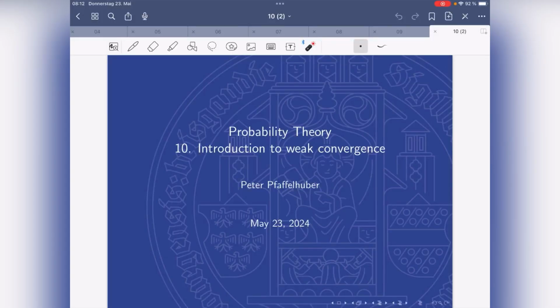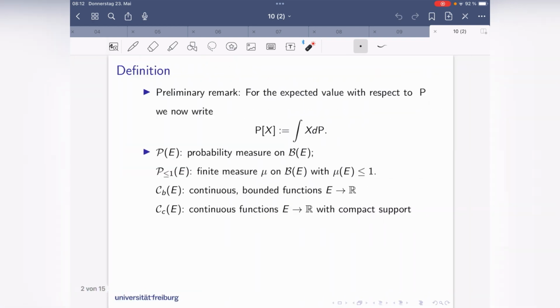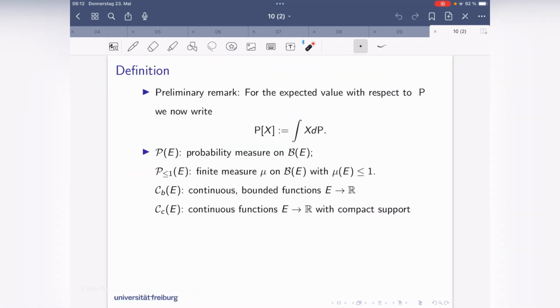So, weak convergence. Let me start by saying some notation we need. For the weak convergence that we have today, we will usually have multiple probability measures.